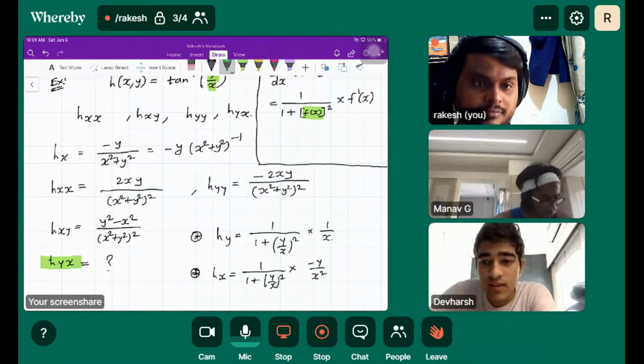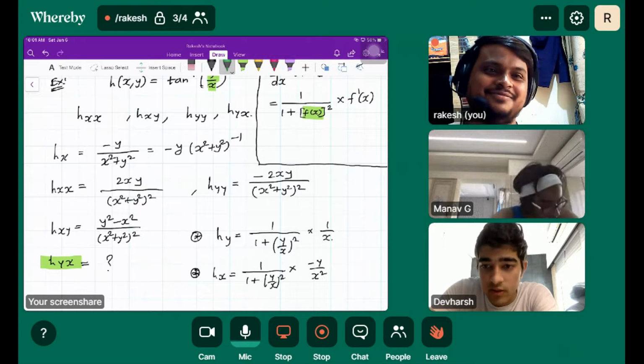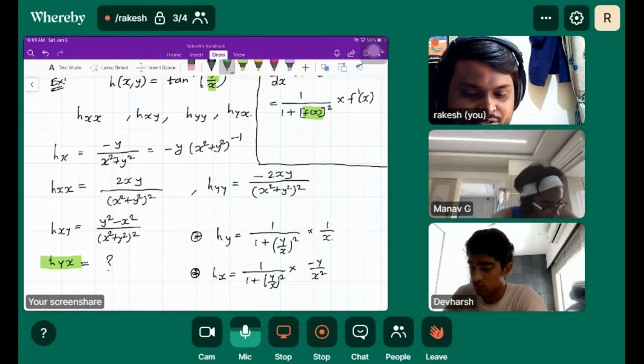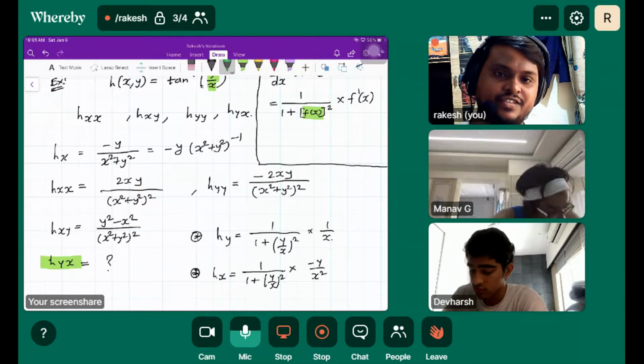Won't it be the mixed thing, sir? It'll be equal to h of xy. Yes, that's why I have not written that, because the answer is going to be the same as h of xy.